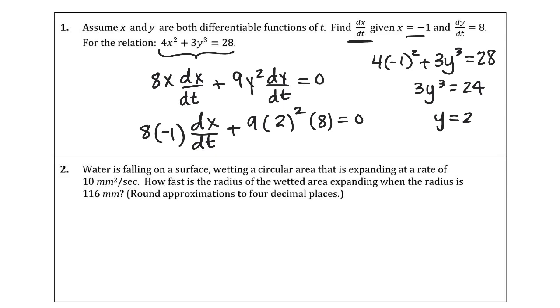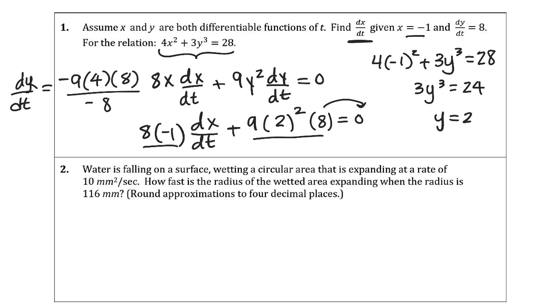So let's see what we're going to end up with. I would subtract this portion over to the other side, and then I'm going to divide by negative 8. So over here to the side, I'm going to have dx/dt equals, and that's going to be negative 9 times 4 times 8 all over negative 8.